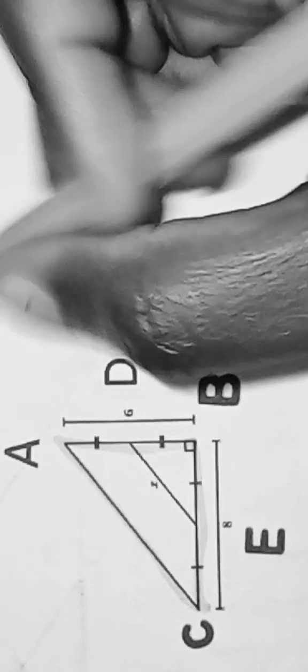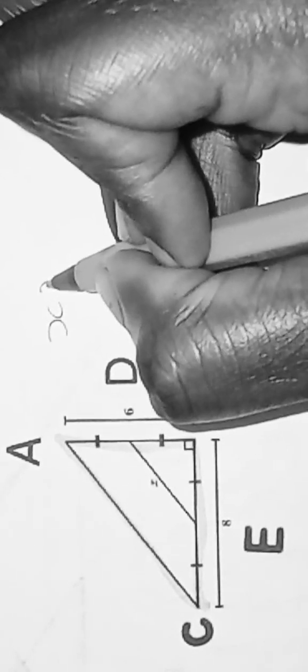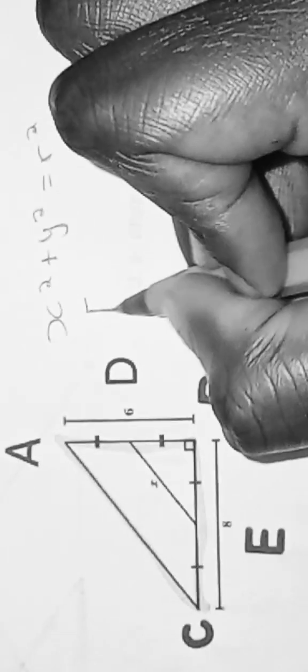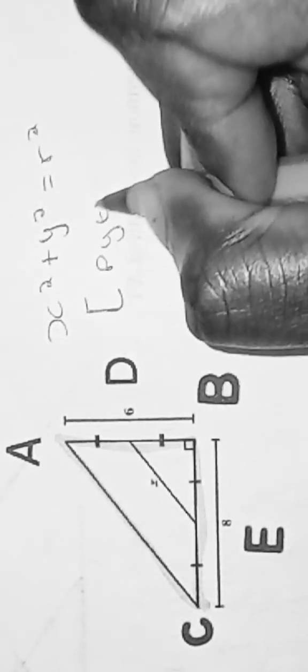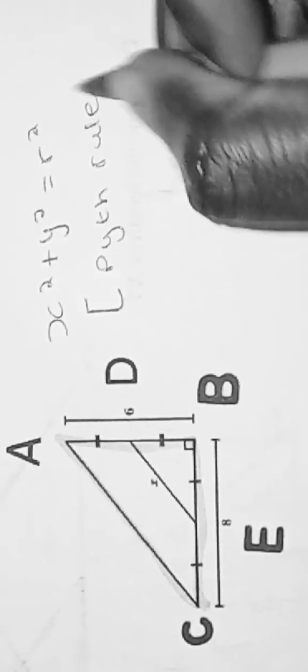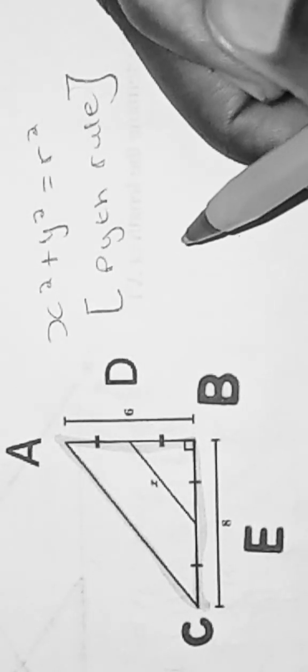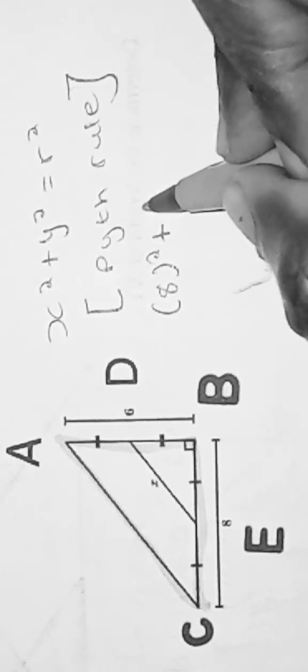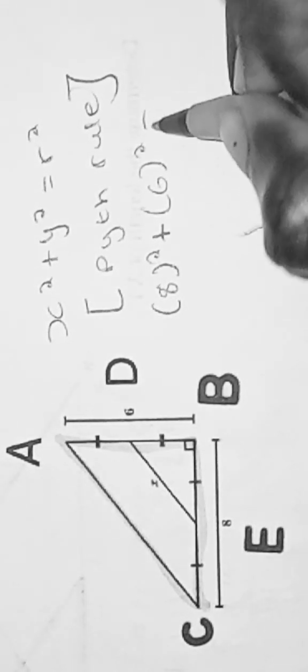The best way, if you are given a right angle triangle, is to use the Pythagoras rule, which is x squared plus y squared equals r squared. My x is 8 squared plus my y is 6 squared, and we are looking for this r squared.